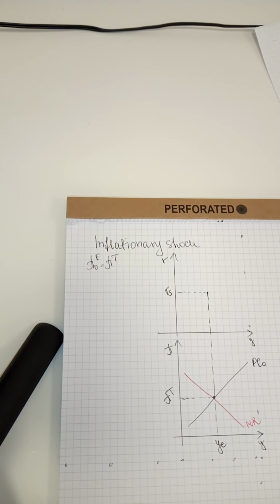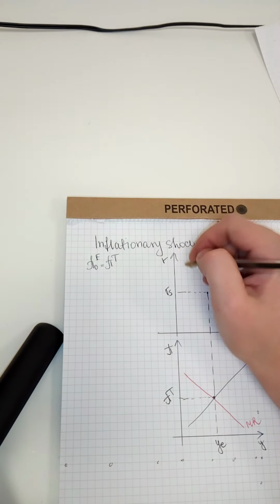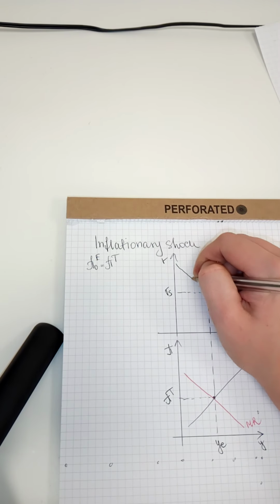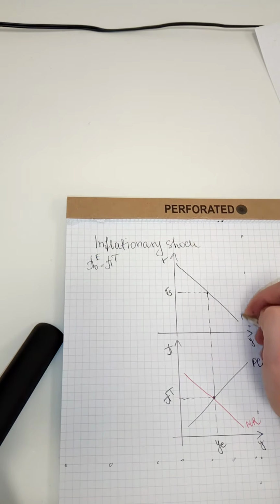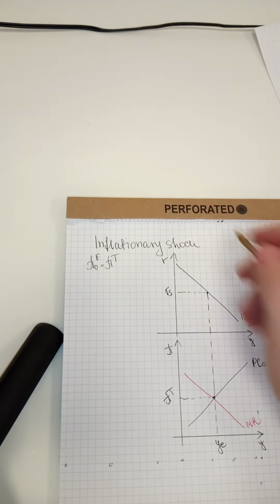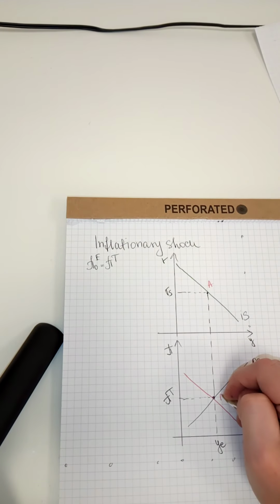Also, it implies that the actual rate of inflation in period -1 was also equal to pi tau. Okay, and I forgot to add the IS curve here. So let's denote this initial point as A.